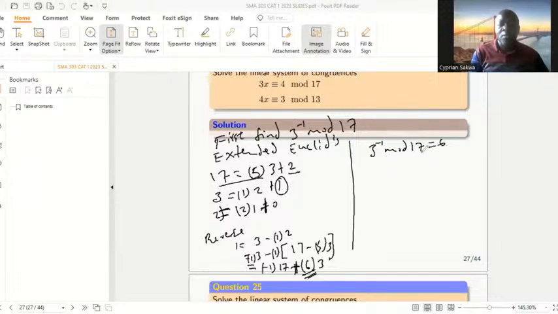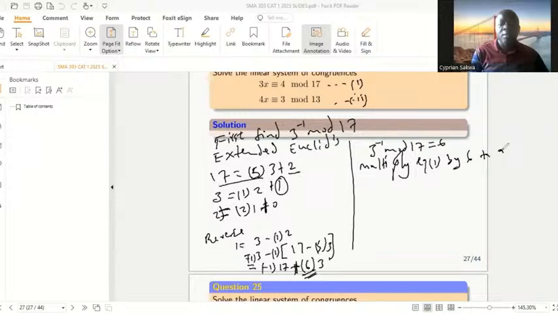I just didn't want to take a lot of time, but when I have the Euclid's algorithm, I can do that. Now, what next? Since I've discovered that this is the inverse, I want to multiply equation 1 by 6.